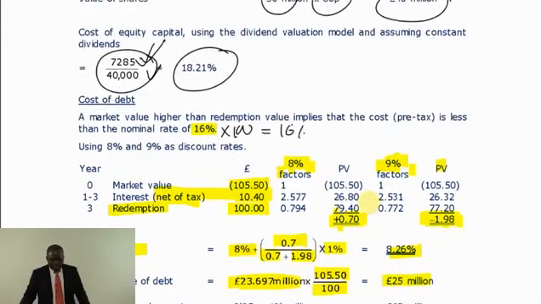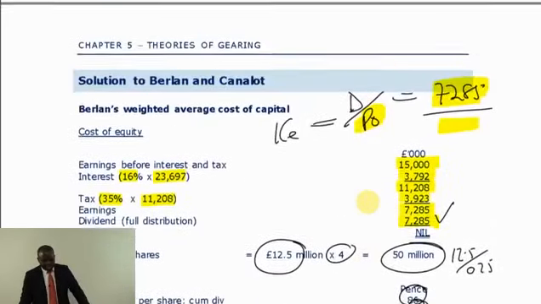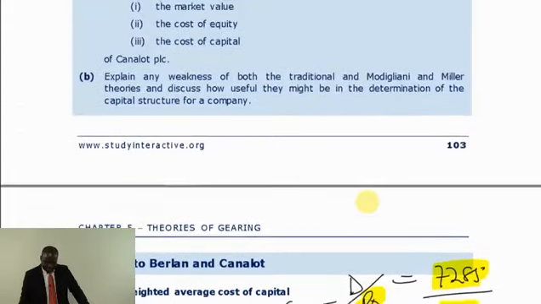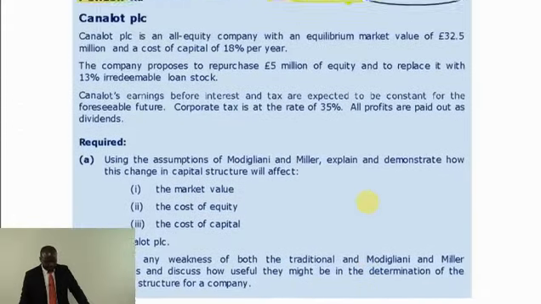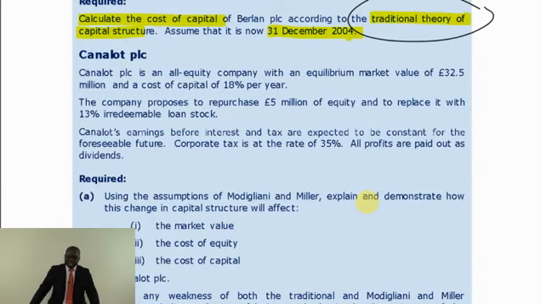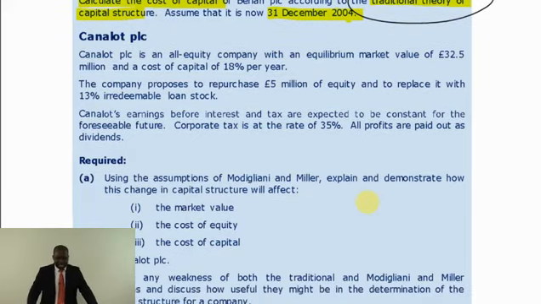Now let's go to the next one that we have to use the modern approach, which is Canalot PLC. Canalot PLC is an all-equity company with an equilibrium market value of 32.5 million and a cost of capital of 18% per year. The company proposes to repurchase 5 million of equity and to replace it with 13% irredeemable loan stock.